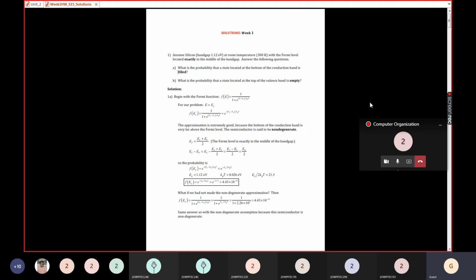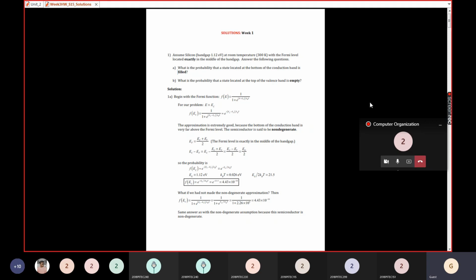Directly they have given the band gap, and they have given you a hint also. They have told you to use the formula Eg divided by 2. So you have to find how much the conduction band is filled, and how much the valence band is empty. These two things you have to find out.